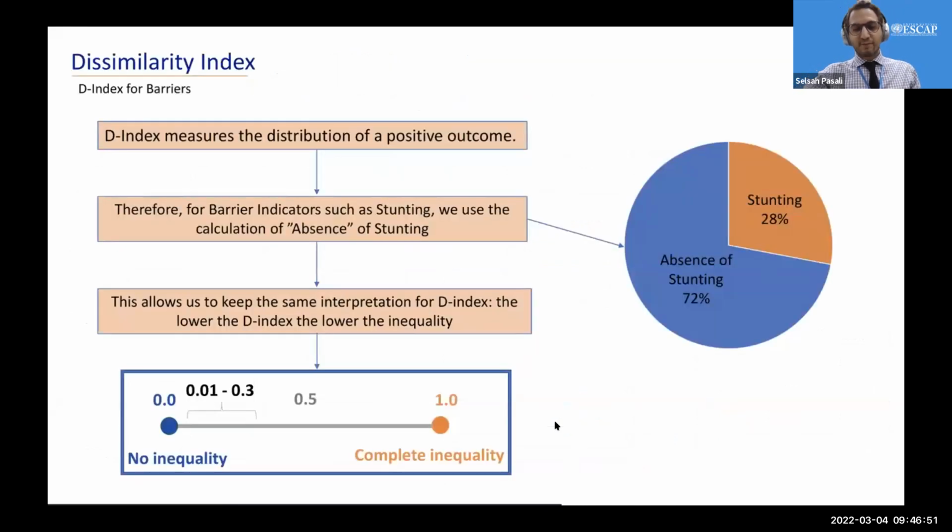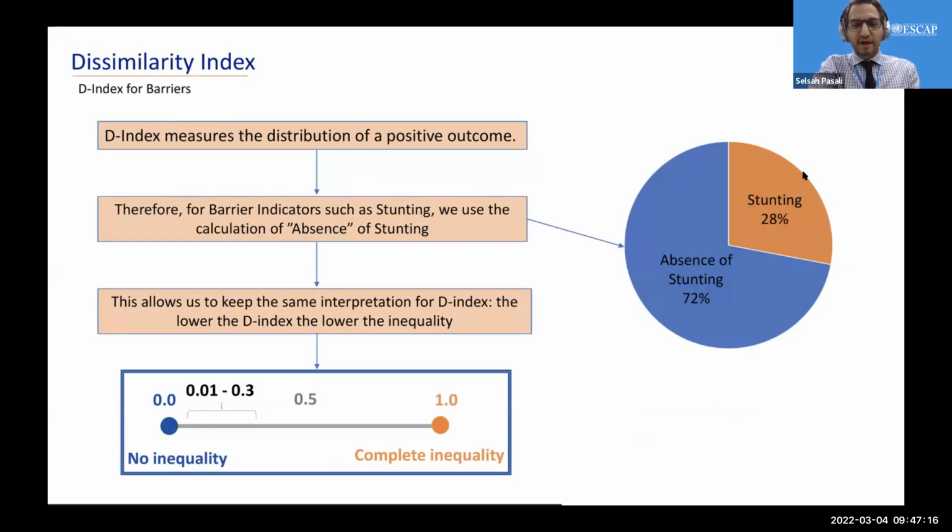So now let's take a moment here as we move into our barrier indicator. We've covered the opportunity indicator so far. And remember what Sejal was mentioning before I started. To ensure comparability, we modified the D-index such that barriers and opportunities can have a similar interpretation. So the lower the D-index, the lower the inequality.